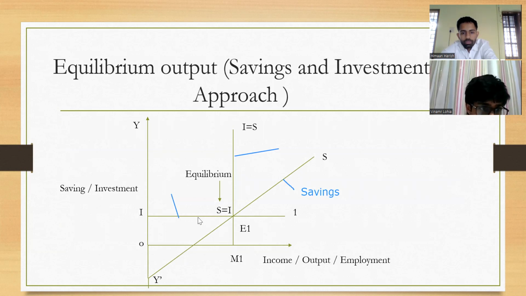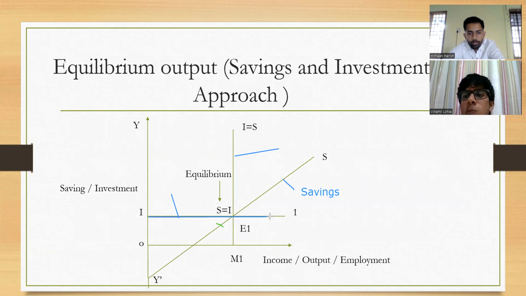Can I also show this line, where S is less than I? Yeah, this line. Probably this line, yes. S is less than I before this point.